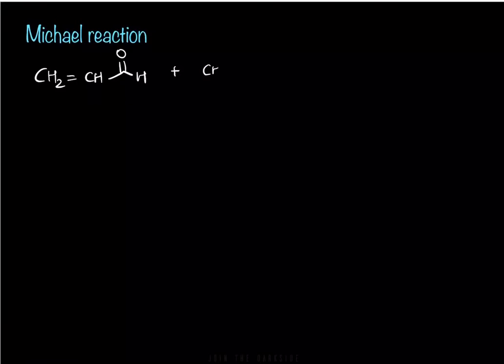Okay, so here is the alpha beta unsaturated carbonyl compound. Here it is specifically alpha beta unsaturated aldehyde. And for the enolate ion, I have chosen beta diester.